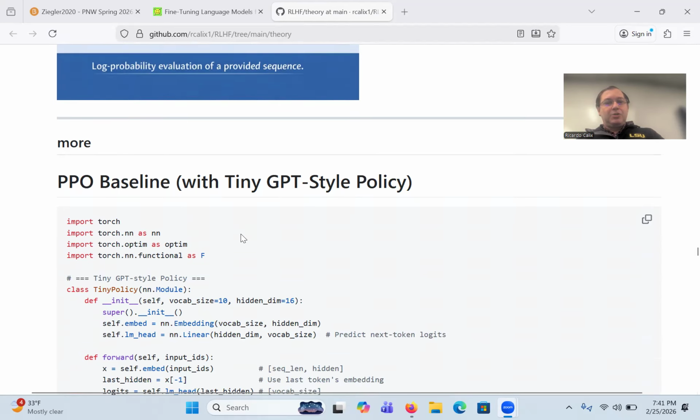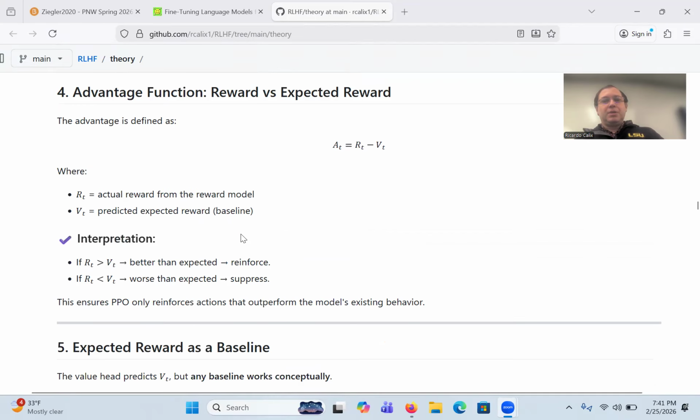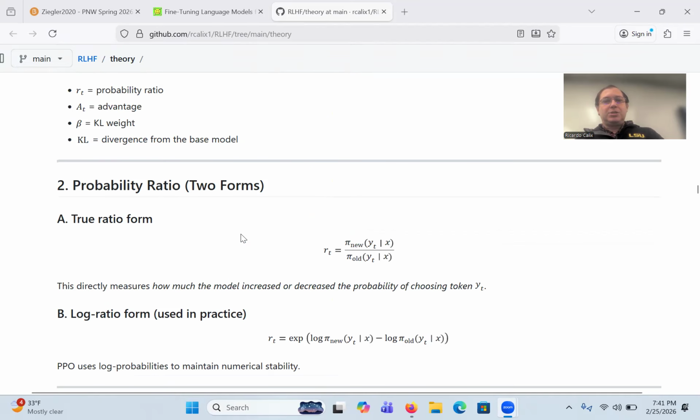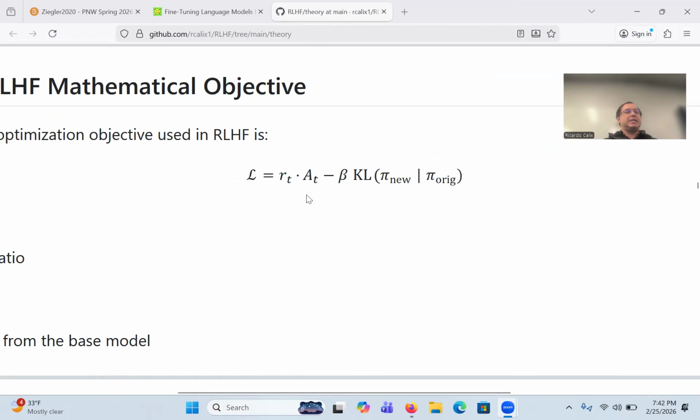So I'll just summarize again through the equation. The goal of PPO here is this loss function. It's got two or three terms and one objective: to optimize the advantage function.